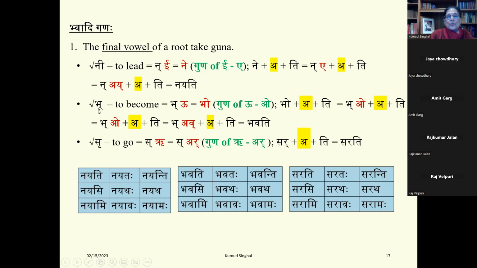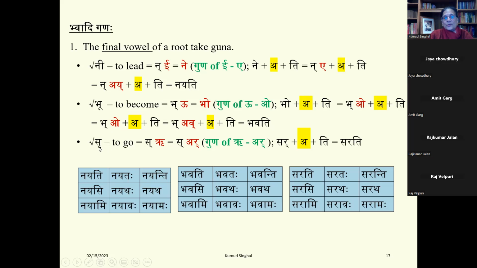Bhu. So bhu, bh and u, the guna of u is o. So this bh and u becomes bho. Then bho plus a plus ti. Again, this o will become av. So o becomes av. So bh plus o plus a plus ti becomes bhavati.